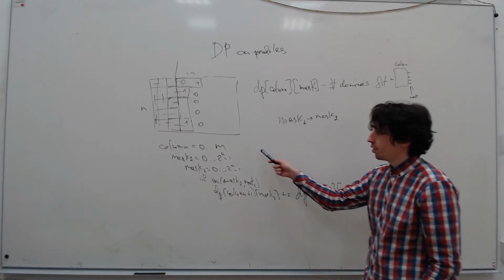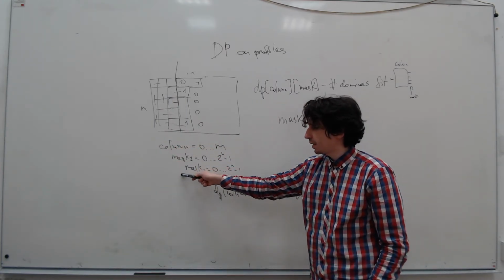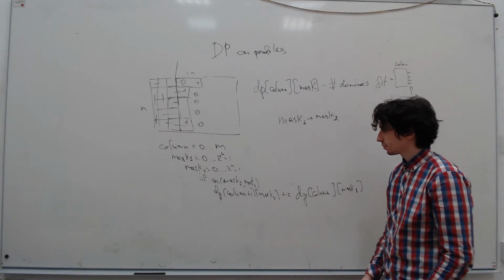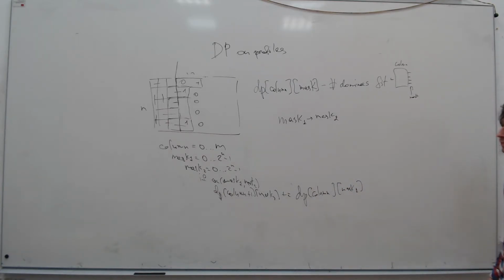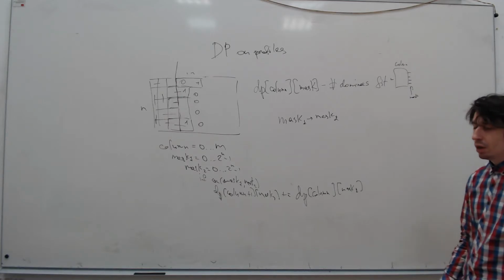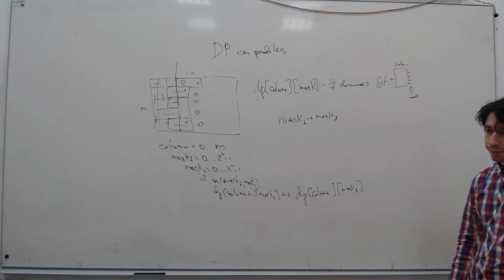So you simply traverse the first part of the dynamic programming and try to update it by the next mask. And you just add equal to this. What is the time complexity of this algorithm?